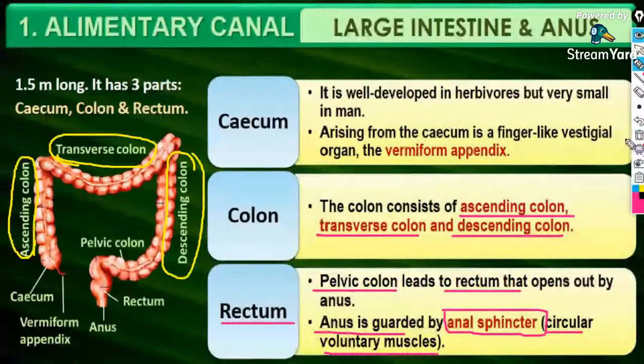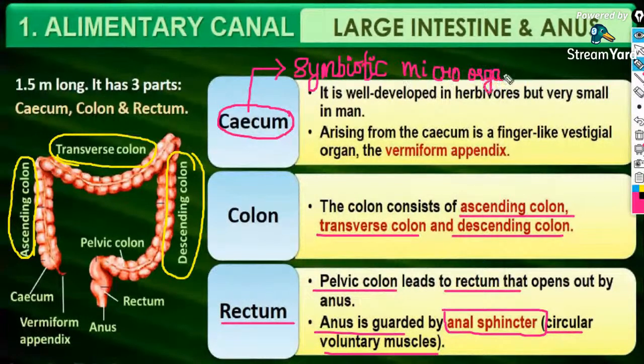One more important point as per NCERT, you have to study this. The cecum is a small blind sac which hosts certain symbiotic microorganisms. It helps to grow microorganisms, so symbiotic microorganisms are seen in the cecum region.